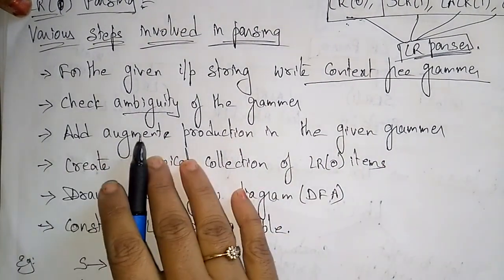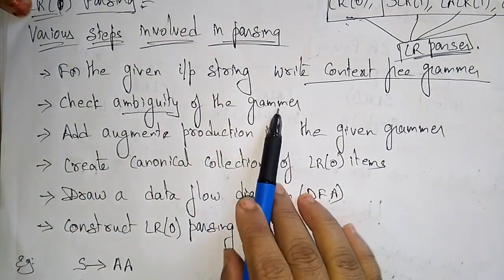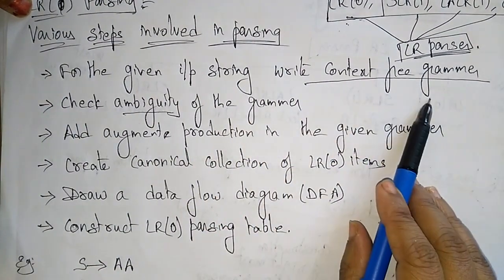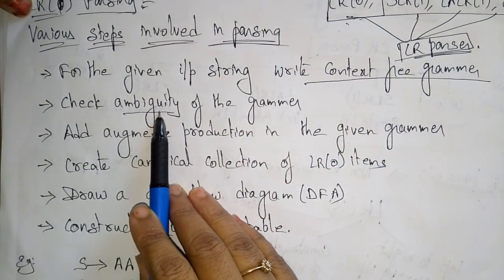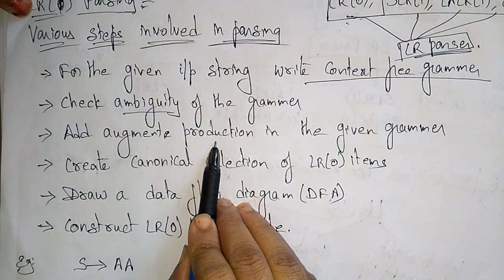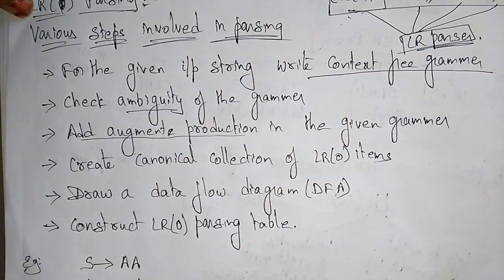What is augmented? Don't be confused, I'll explain that. Up to here, the input string is there, for that you write the context-free grammar and check whether ambiguity is there. Next, add the augmented production. Augmented production means, let's take G as a grammar.